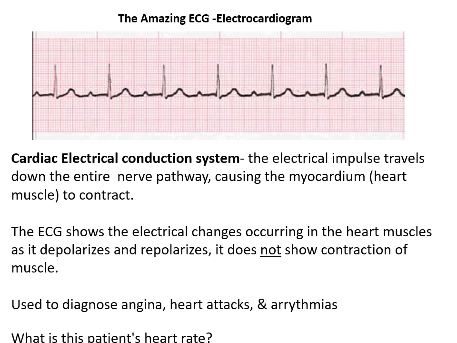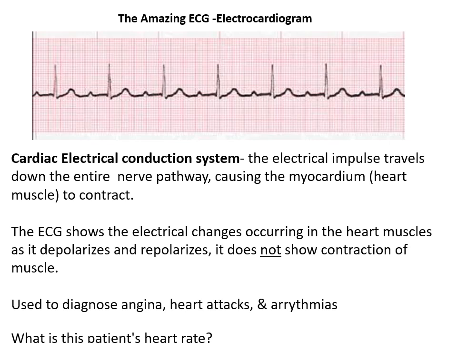So this slide on the amazing ECG is just to show you the general electrical rhythm of the heart. So this is actually sinus rhythm, because it's originating at the sinus node, and I'll explain why. So before every QRS, which is the large deflection there, there's a small P wave. Okay, so the P wave is atrial depolarization, followed by an atrial contraction.